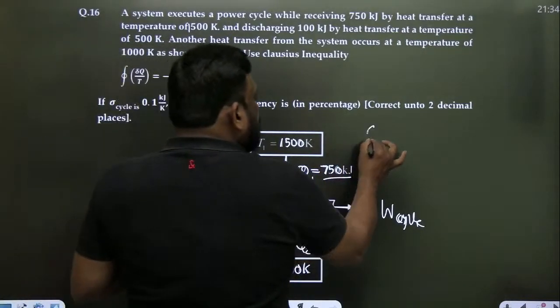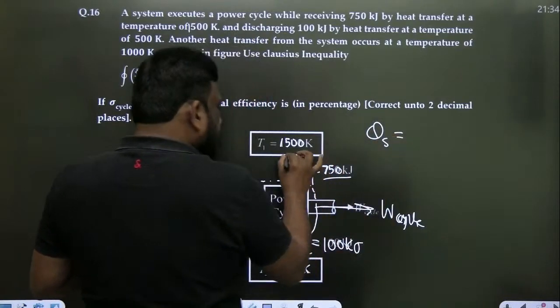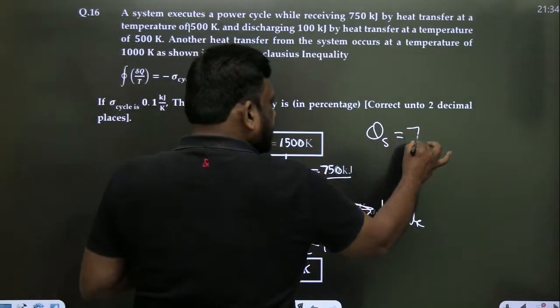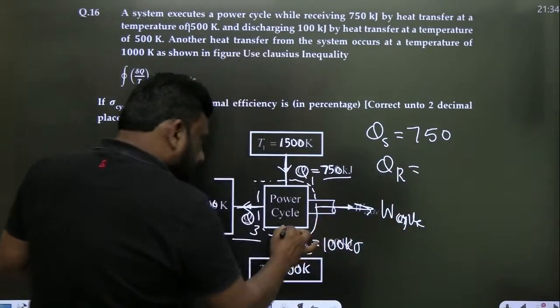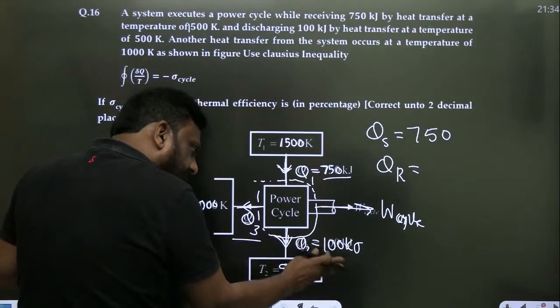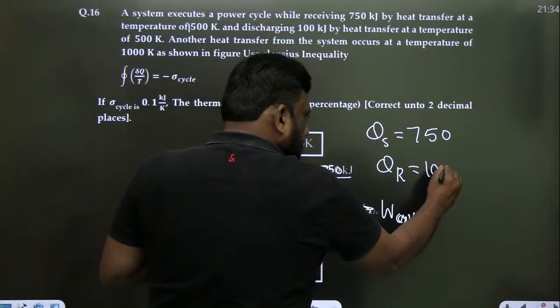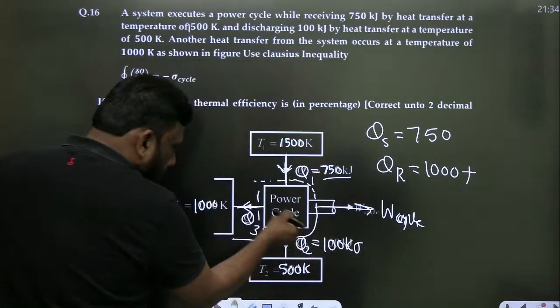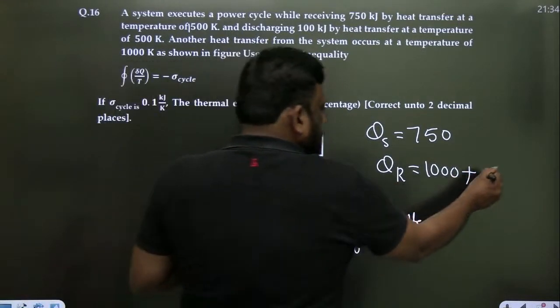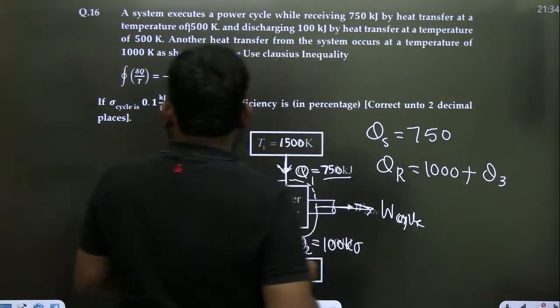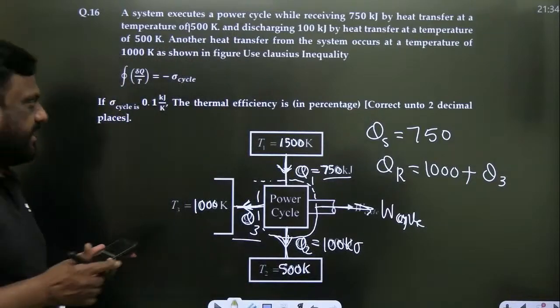So what is the total supply? There is only one supply, that is 750. What is the total rejection, sir? This is going out, 100, plus this is also going out, Q3. And he is asking, what is the efficiency of the cycle?